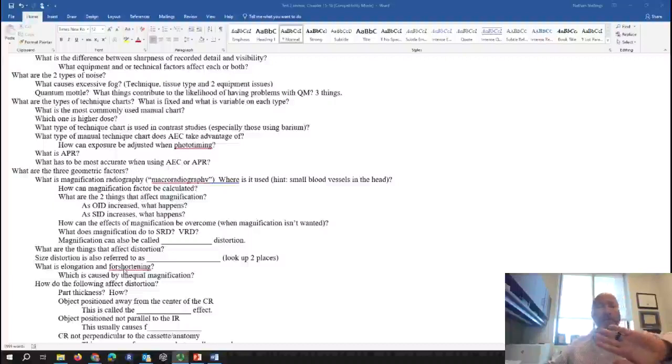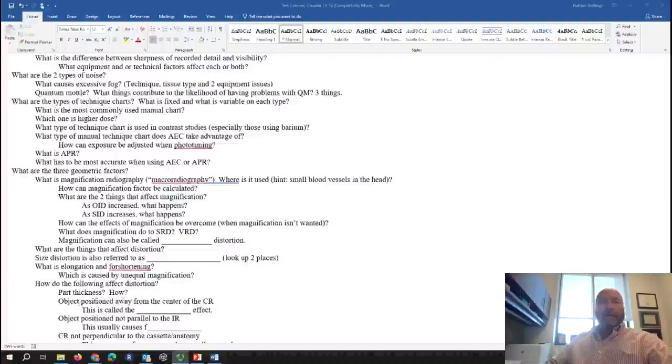So if my anatomy is parallel to the image receptor, and I tilt my anatomy, then one end of the anatomy is going to be at a greater distance from the image receptor, which is going to give us more magnification on that end. So either one can be referred to as unequal magnification, but of the two, foreshortening is going to be more obvious.